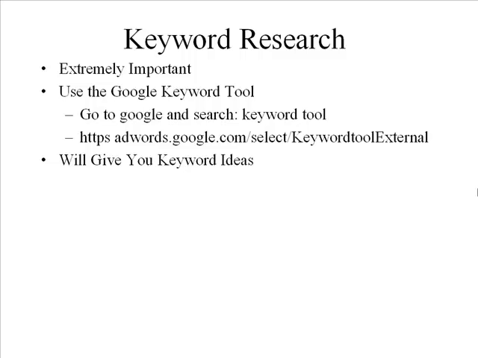Make sure the box titled Use Synonyms is selected, and then right below that type in the CAPTCHA phrase to prove that you're not a robot, and then click on Get Keyword Ideas down below, and it's going to take you to a new page with a bunch of columns on it.